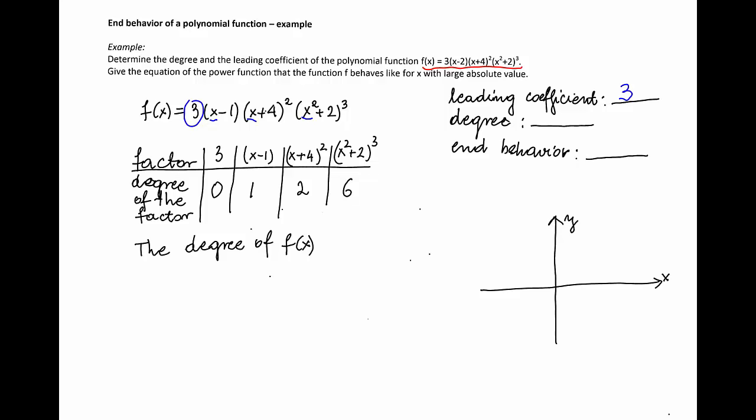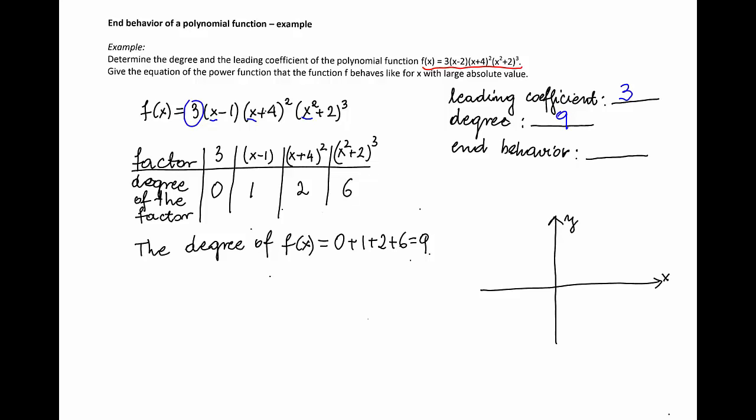Each factor has the exponent 2, or degree 2, so to get the degree of that power, we multiply the degree of x squared plus 2 by 3. And therefore the degree of the whole polynomial will be 0 plus 1 plus 2 plus 6, which is 9. So we know the degree of the polynomial, it's 9.